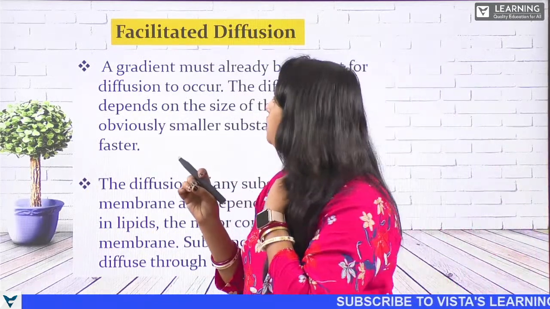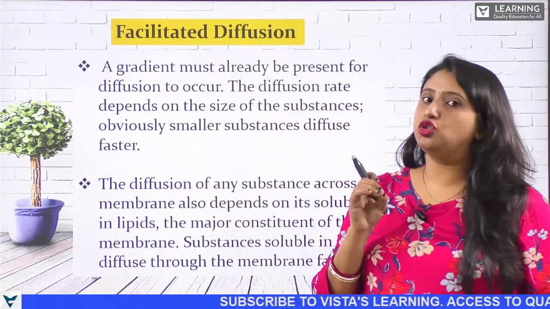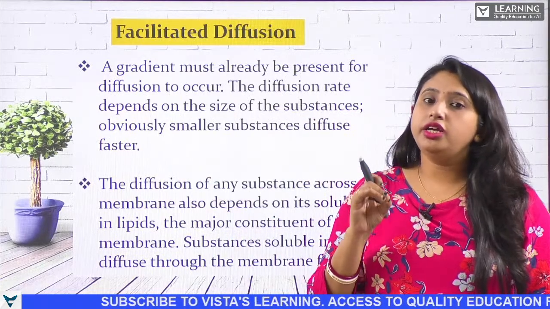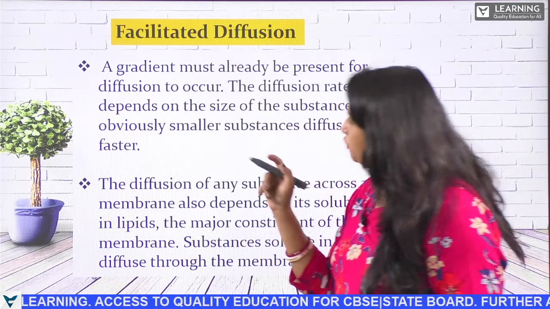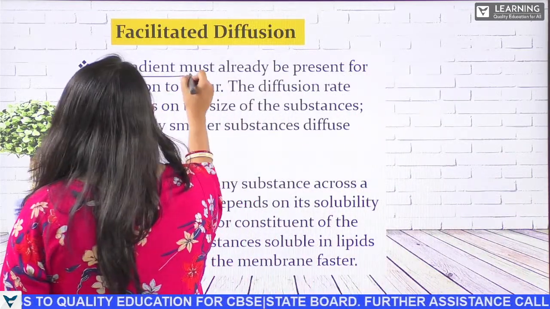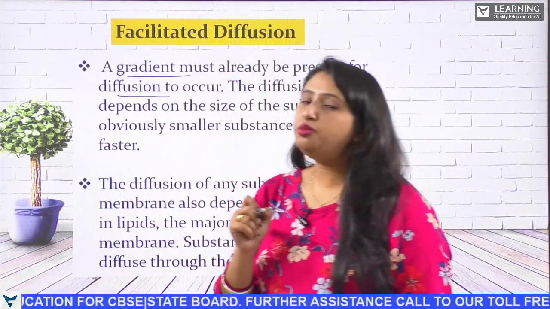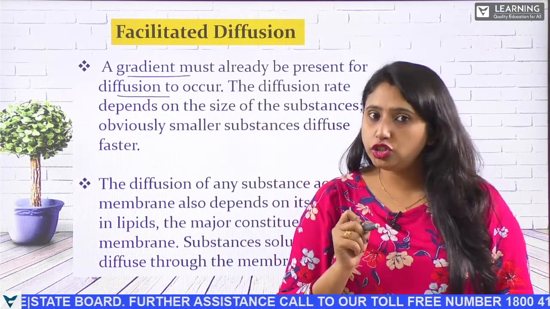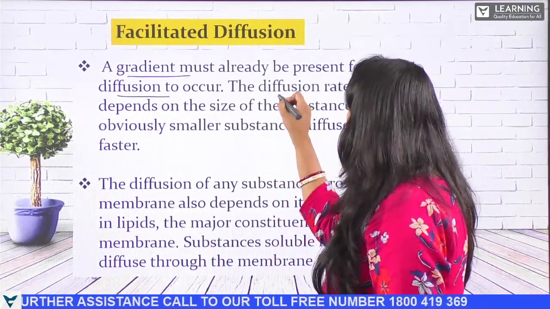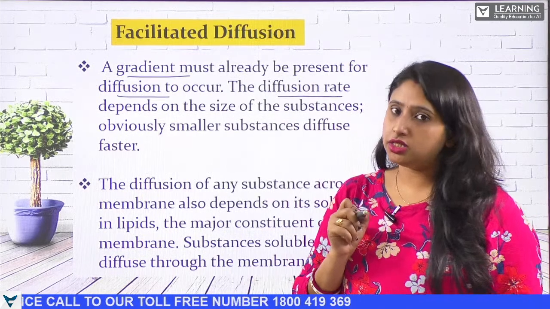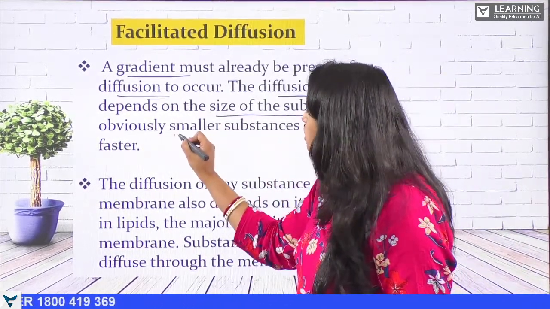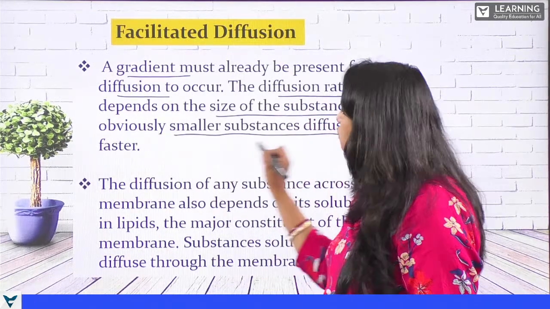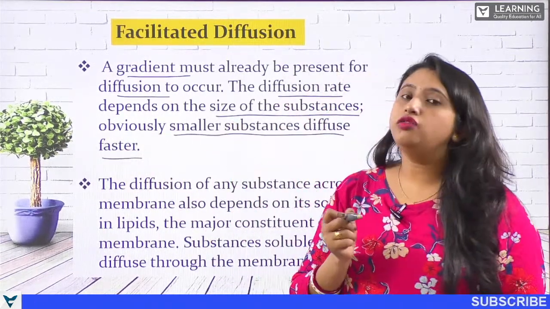Now see, a gradient must already be present. As I have said, the gradient is very much essential for the process of diffusion. It should be present for the diffusion to occur. The diffusion rate depends on the size of the substances. Obviously, smaller substances diffuse faster.